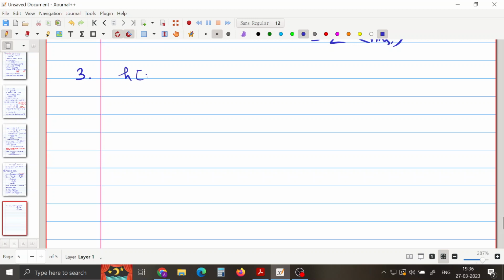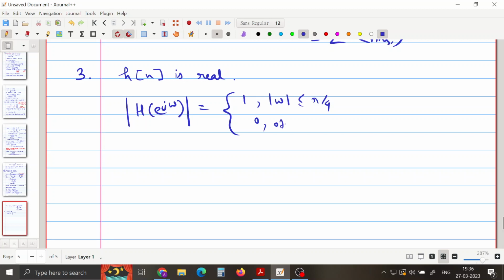First point is h of n, the impulse response is real. It was mentioned. Okay, and the magnitude response is given like this. And by the way, if the impulse response h of n is real, which is the case here, what kind of symmetry does the magnitude response and the phase response have for a real impulse response?